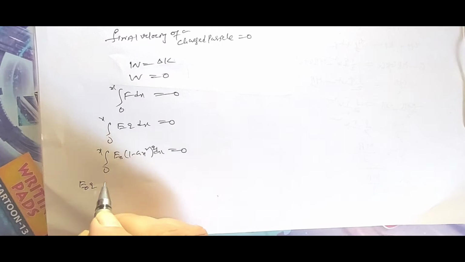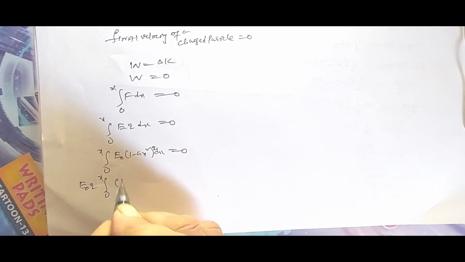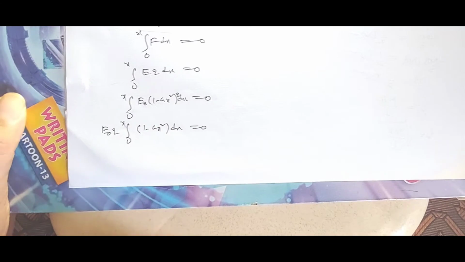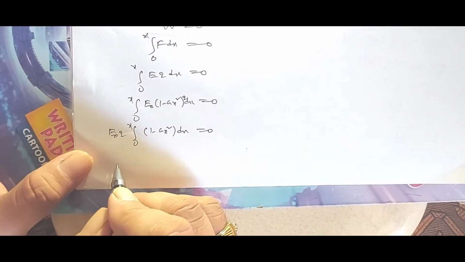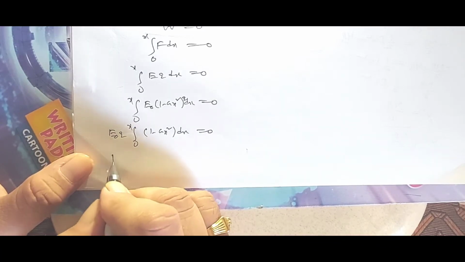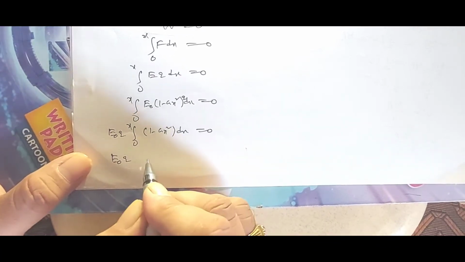Now, we have to integrate the above equation. Taking E naught q outside, the integration from 0 to x of 1 minus ax square dx is equal to 0.